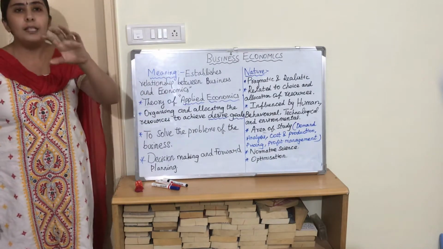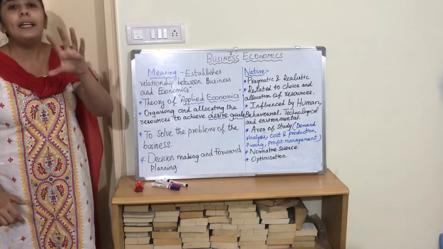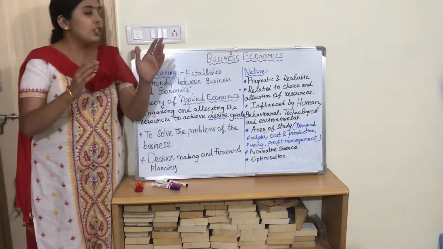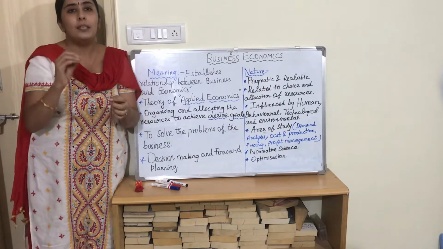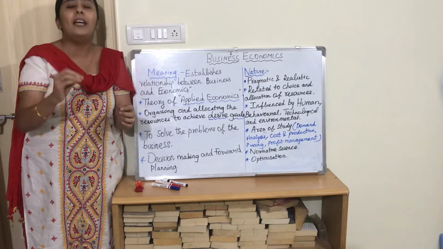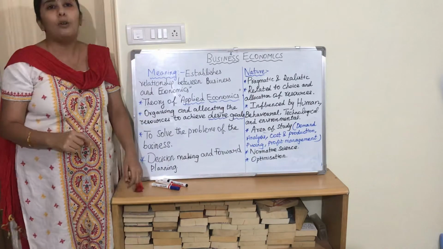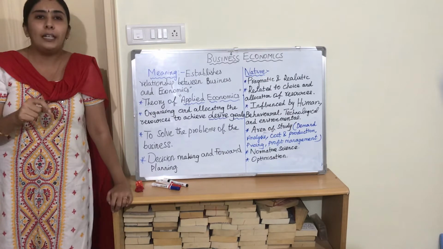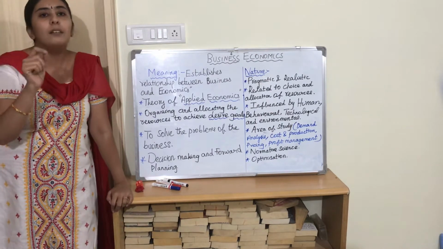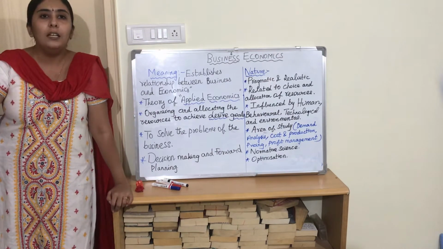So when coming to a business, we organize and allocate the resources to achieve our desired goals. What can be a desired goal of a business? Business always desires to make profit. That is the ultimate goal of the business. So for achieving that profit, obviously we need all the resources. See, only the resources cannot help us to achieve the maximum growth.